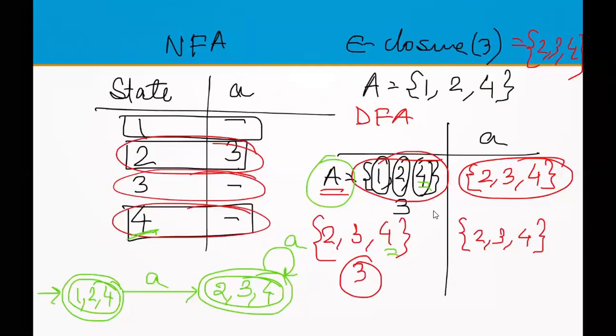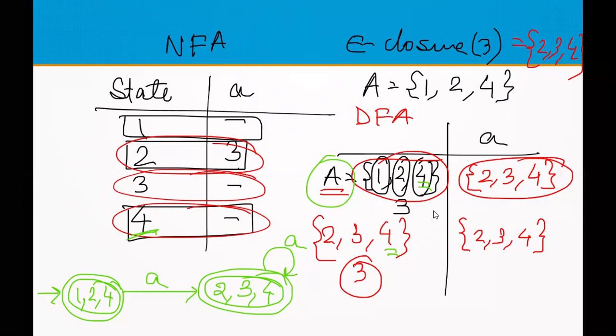So our DFA now looks like this. If you try to interpret this, any string, the moment it starts without consuming any input symbol, it is accepted, because the starting state is also a final state.